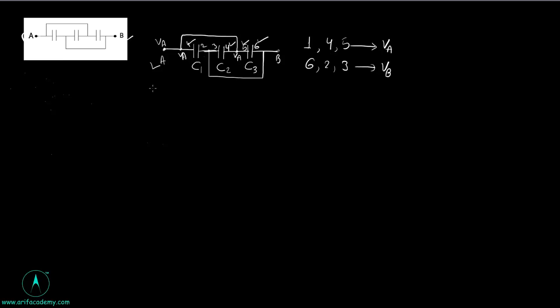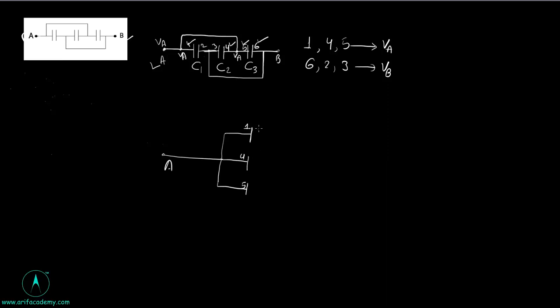So we can say point A is connected to three plates: plate number 1, plate number 4 and plate number 5.